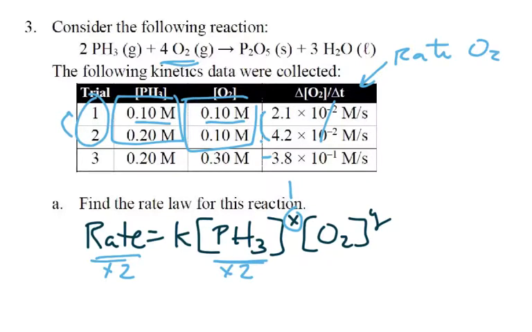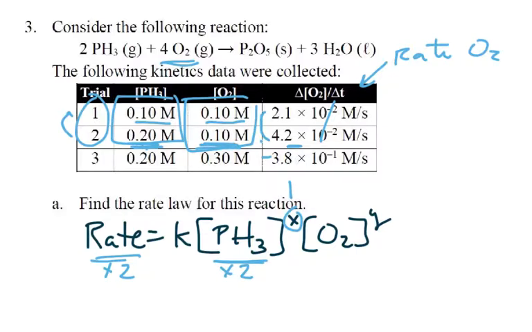It has to be first order. Because if it was a 2, then if I doubled the concentration, it would quadruple the rate. And if I tripled the concentration, it would be 3 squared, 9 times the rate.